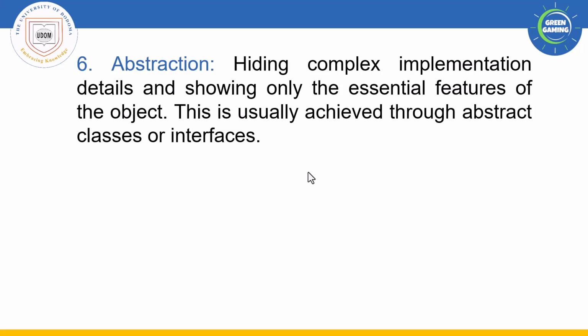This is usually achieved through abstract classes or interfaces, right? So we show you the functionality, but we hide the implementation of that functionality. You don't need to see the implementation, you just need the functionality. That's what we call abstraction.